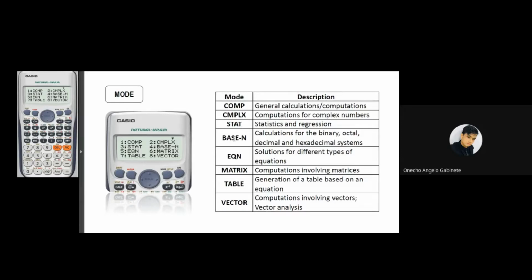And then yung base n po is for logic, yung pong binary, octal, decimal, and hexadecimal systems. Then we also have equation, pagsasolve po ng simultaneous equation. Then, makakapag-solve din po tayo ng up to 3x3 dimensions ng matrix, as well as table and vector.